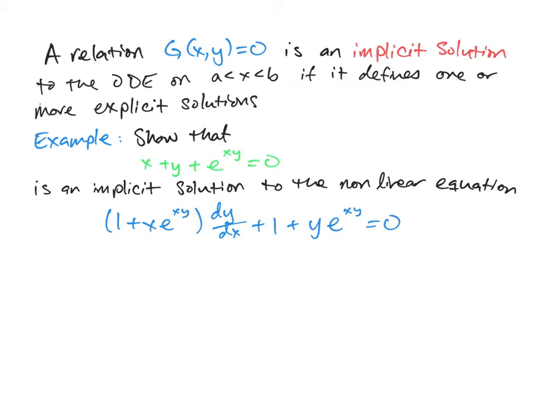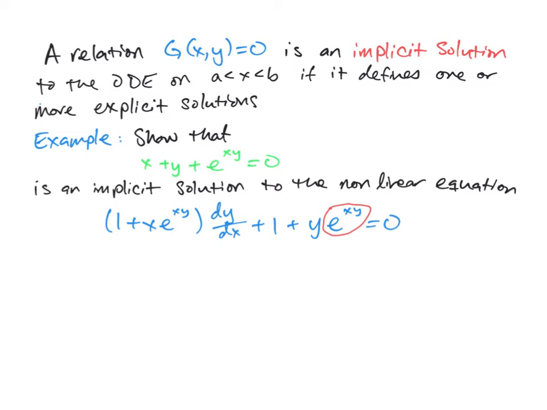And we want to show that that is an implicit solution to this nonlinear ODE in the blue. And we know this one is nonlinear, we can see, because there is this sort of nonlinear behavior in the y. So we have this e to the xy, which is a little wonky and makes this whole equation nonlinear.